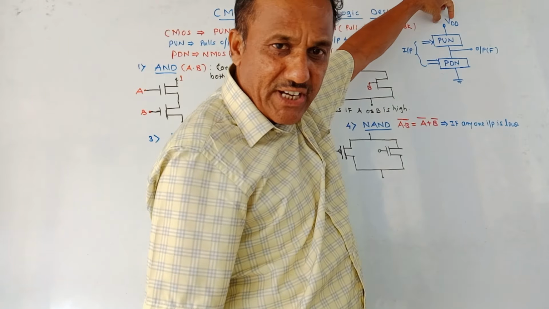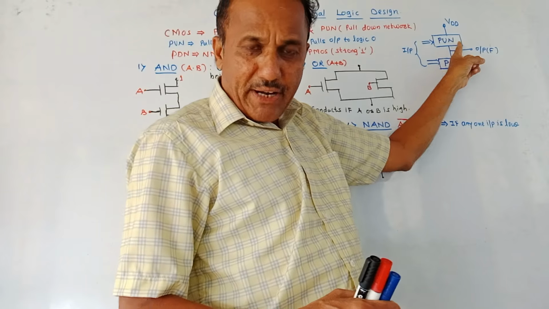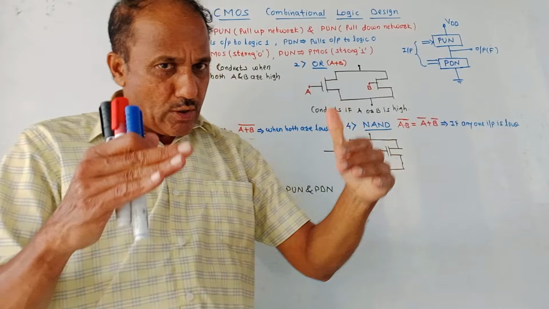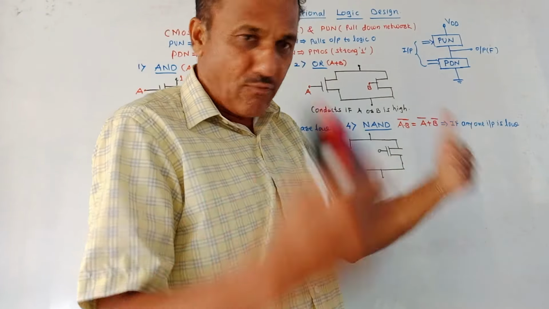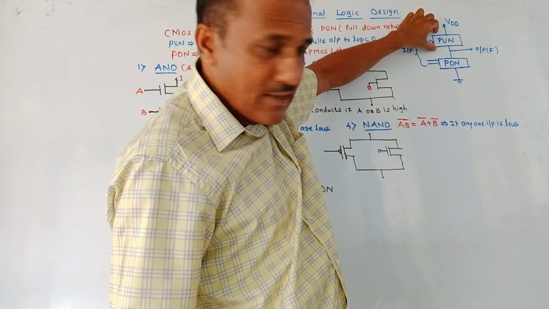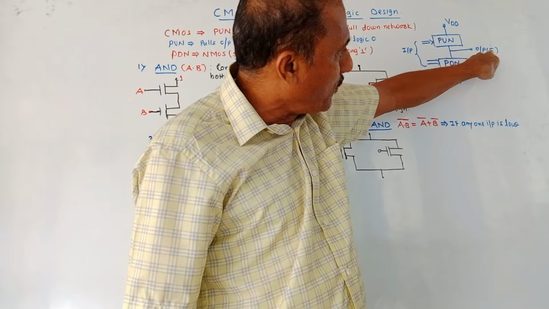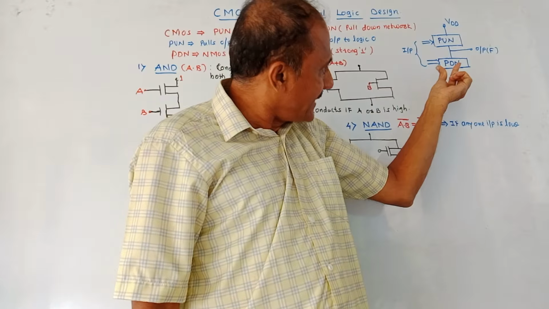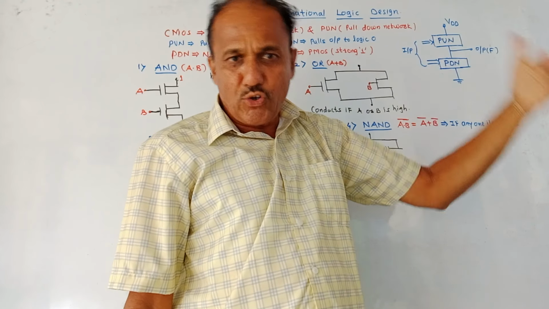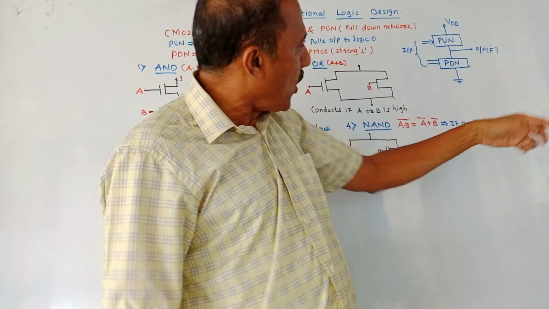This is supply VDD. This is the pull up network. It is used to set the output level to logic high, that means logic 1. So the pull up network is used to connect VDD to the output. Output is denoted by F. On the contrary, the second network, the pull down network, PDN, is used to produce logic low at the output.